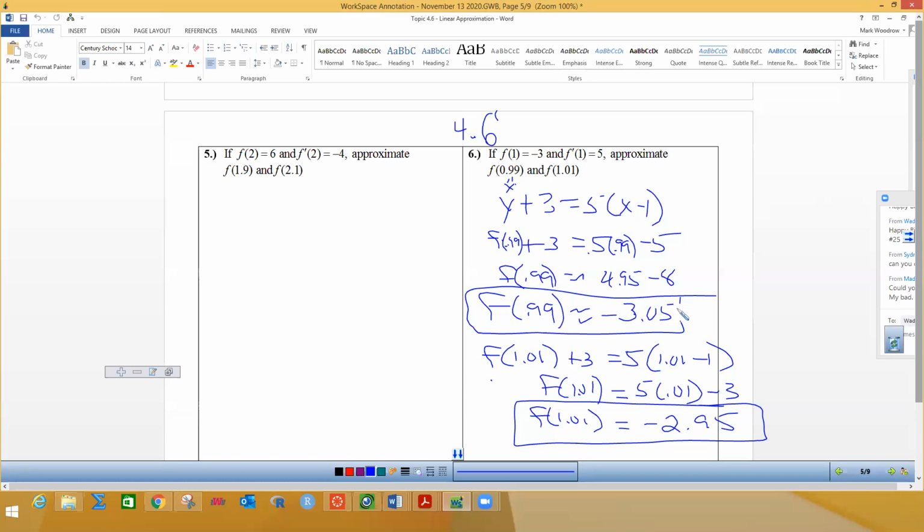Does anybody have anything else they want to see off of Unit 4? Okay, there's 7 of you. If y'all tell me you're good, we're going to call it a day.